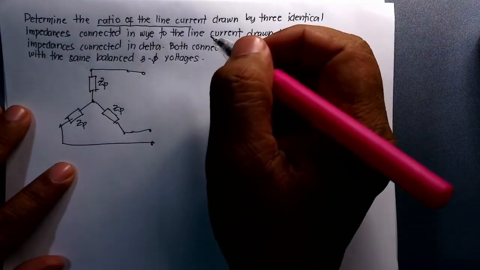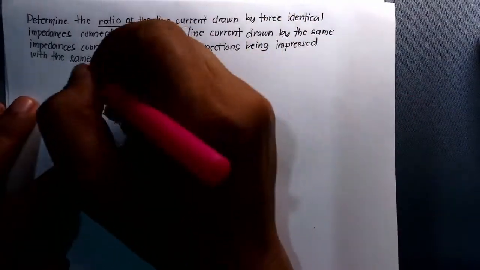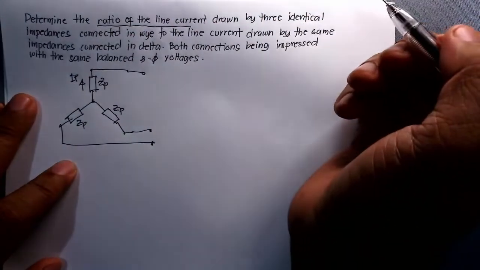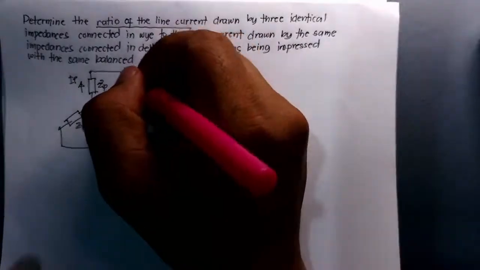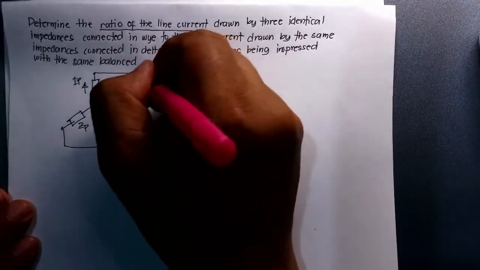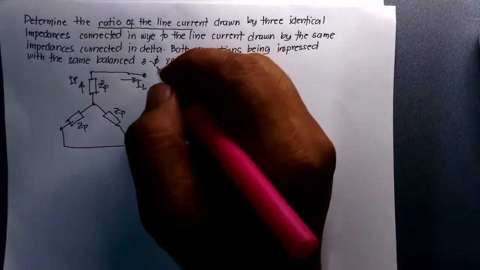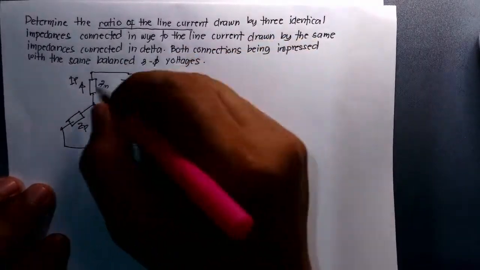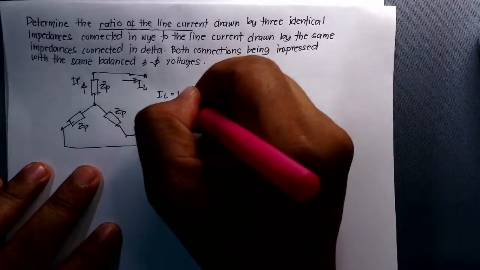So if you are going to solve for the phase current here, I sub P, and the line current also is here out at the terminals. To get the line current, you know that the line current here is equal to the phase current.